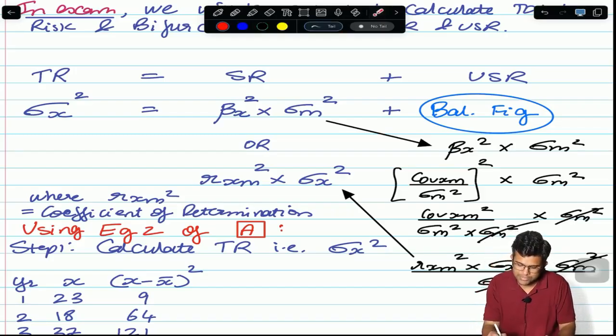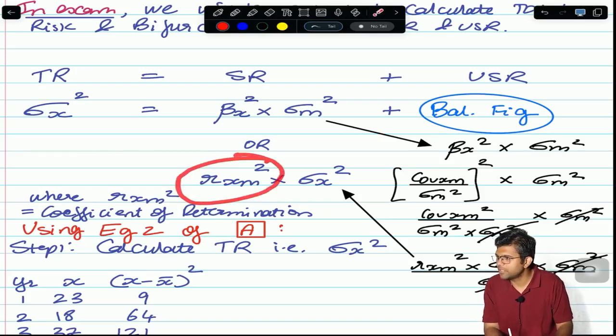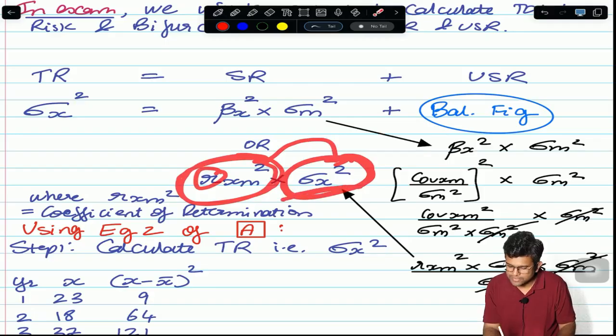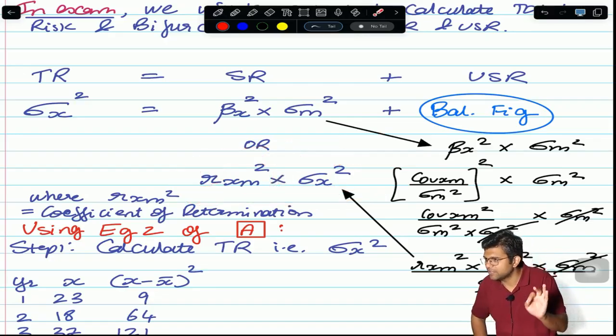In statistics, no, R square is called as coefficient of determination. I'll just tell you once, if you understand, okay, otherwise forget it. R square, correlation square, is called as coefficient of determination, which when multiplied by total risk of the security, what we find is the explained variance, is the definition. You understand, no?